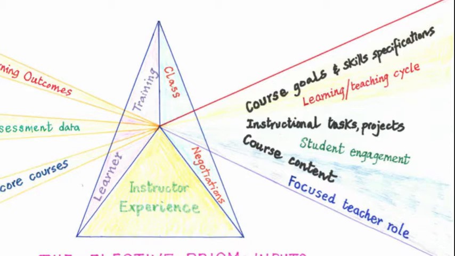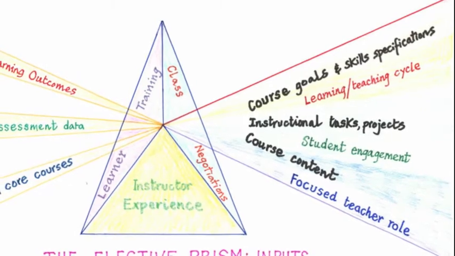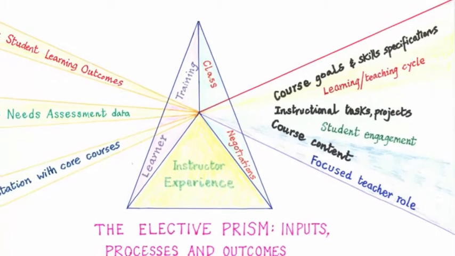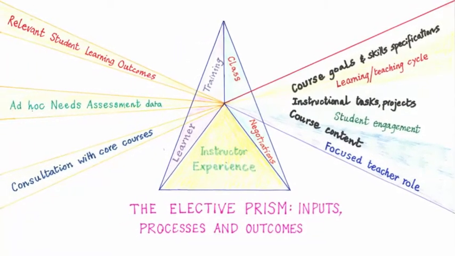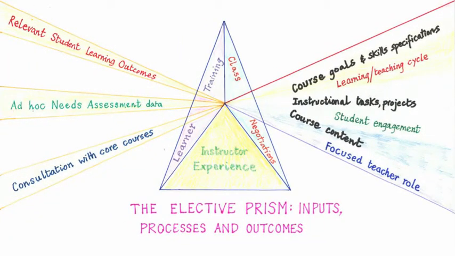And finally, the instructor, again through a process of reflection and being aware of what all this means, will be settling into a particular set of behaviors which represent an appropriate role for this particular elective class. So that's a little bit more specific in terms of the application of our prism to the process of developing a language course.